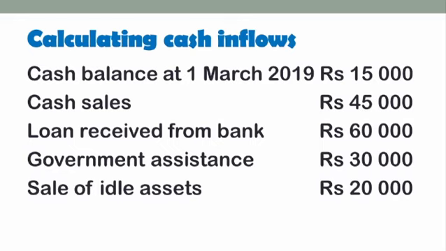Now we will look at how to calculate cash inflows. For example, for the month of March, we have a cash balance of 15,000 rupees, cash sales 45,000 rupees, loan received from bank 60,000 rupees, government assistance 30,000 rupees, and sale of idle assets 20,000 rupees.